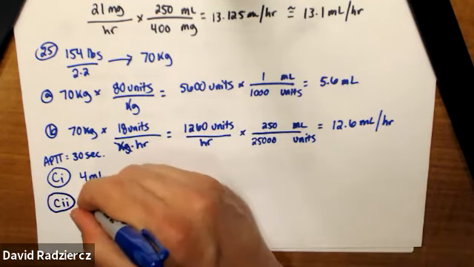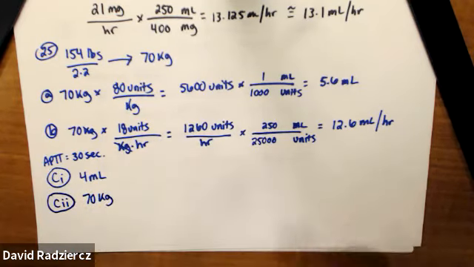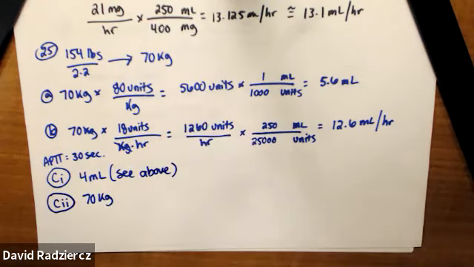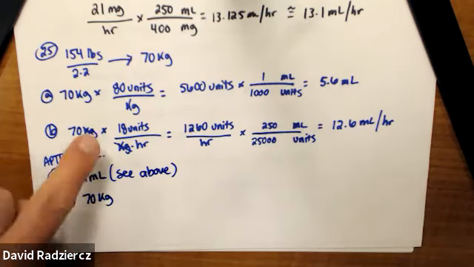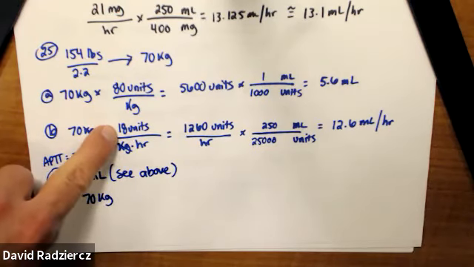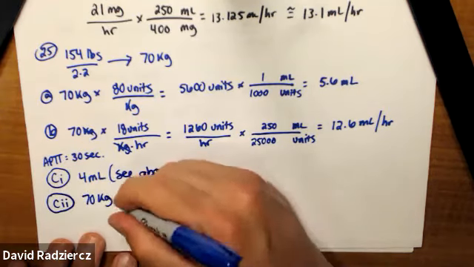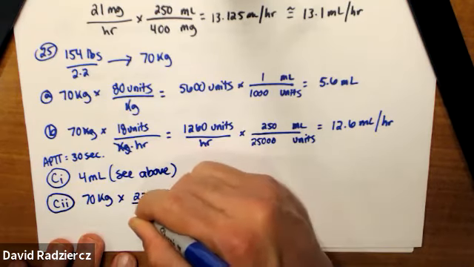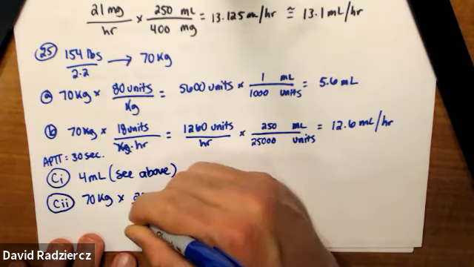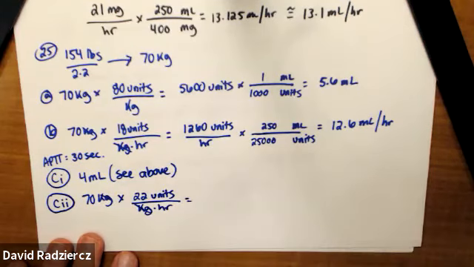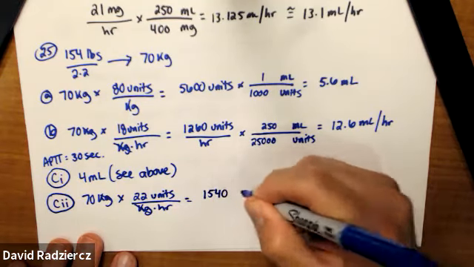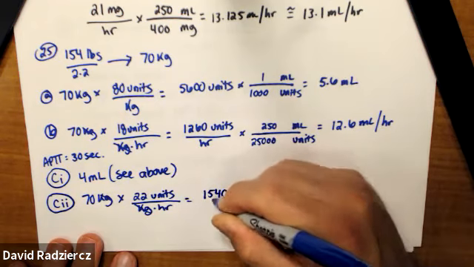So same patient, right? 70 kilograms. Our initial infusion rate was 18, but we increased it by 4. So now it's going to be 22 units per kilogram per hour. So 70 times 22 gives me 1,540 units per hour.